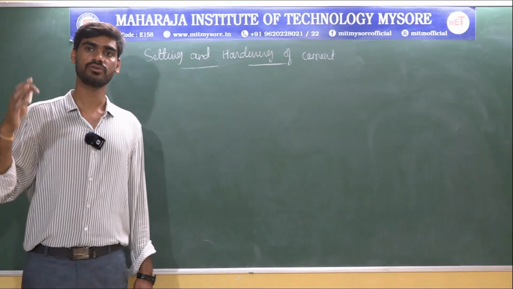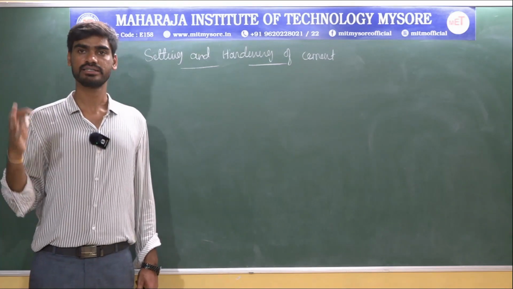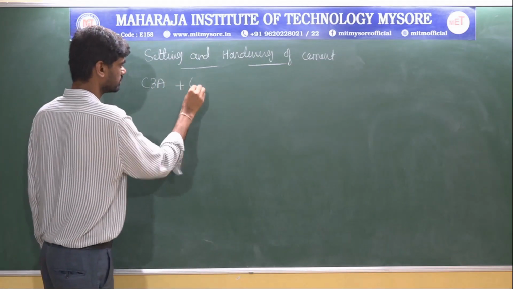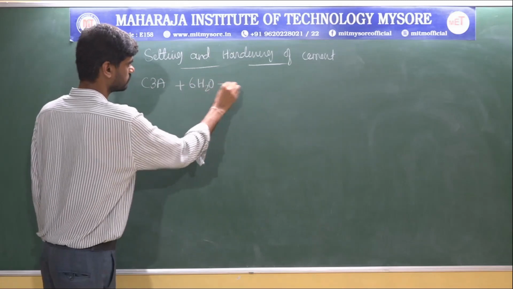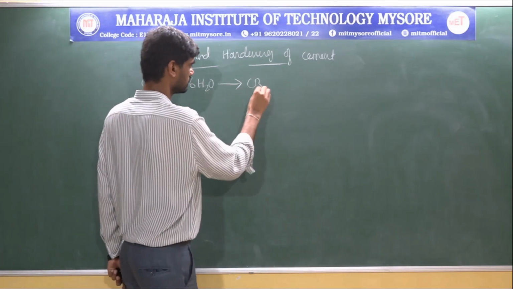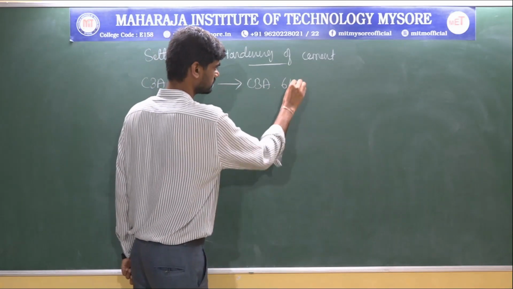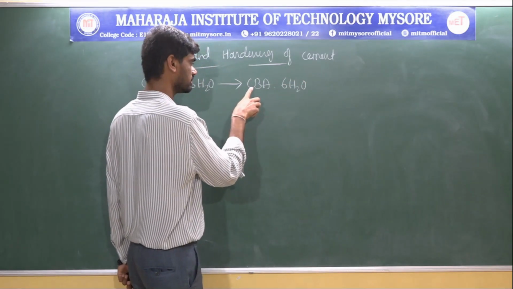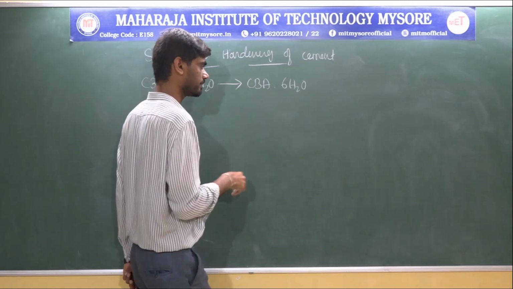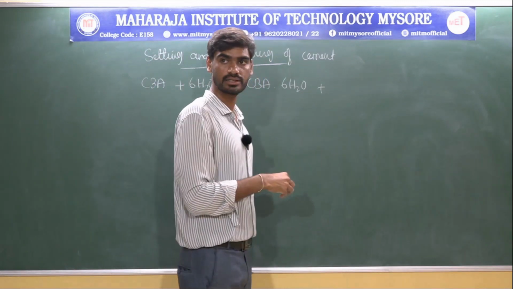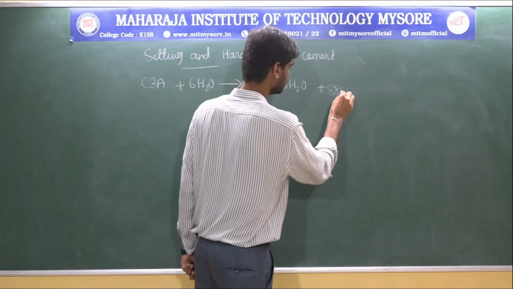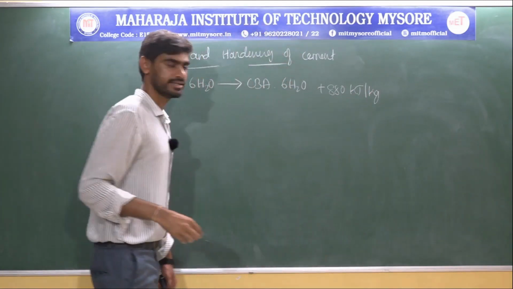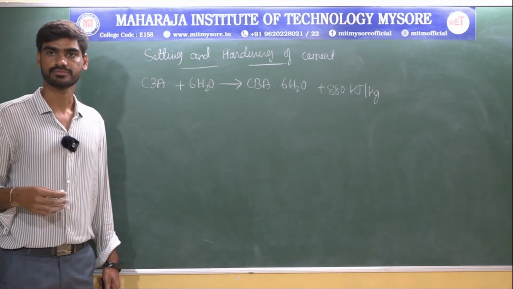The hydration of C3A and C4AF can be written as: C3A plus 6H2O gives rise to C3A·6H2O, hydrated tricalcium aluminate, and it gives about 880 kilojoules per kg of heat energy.